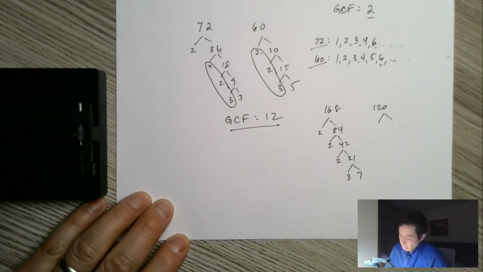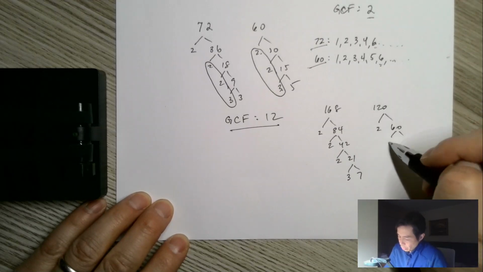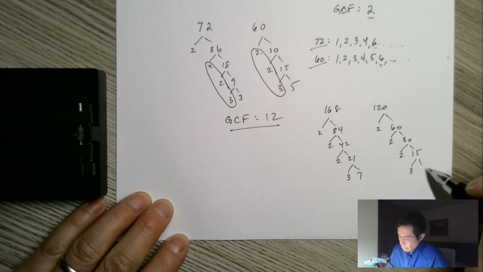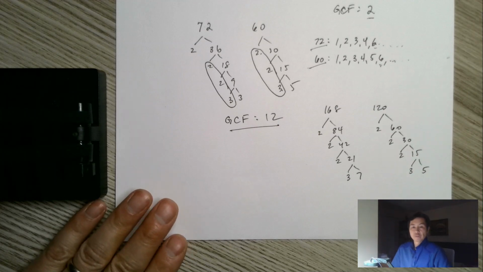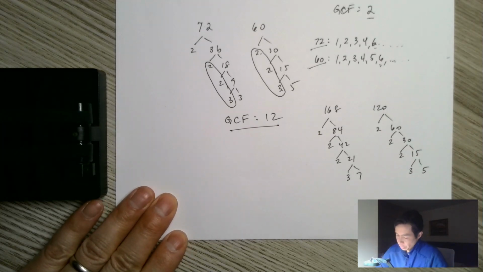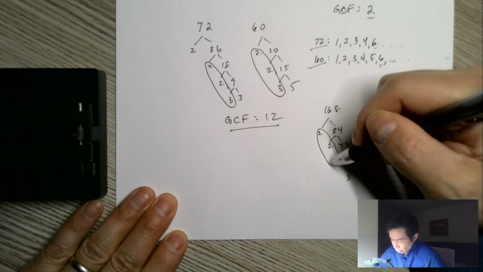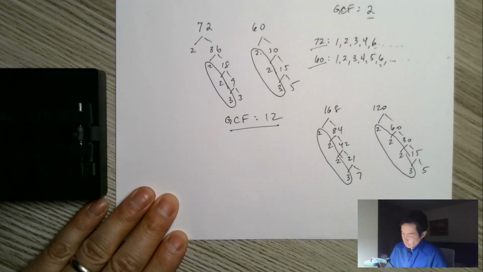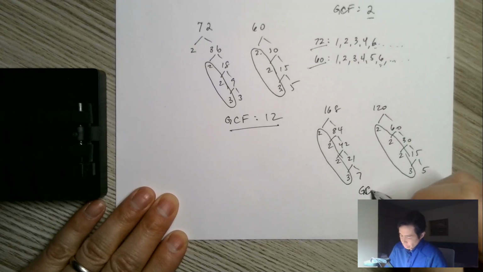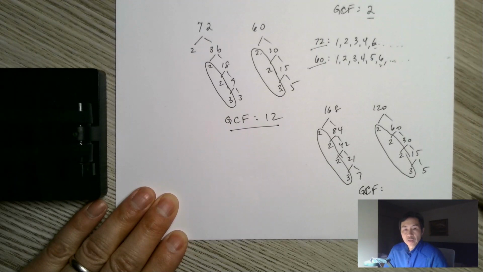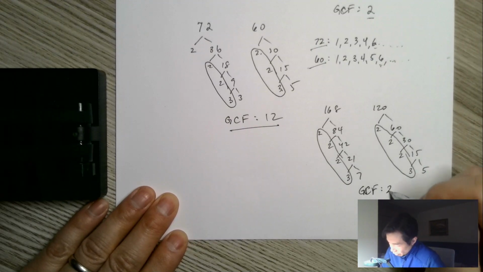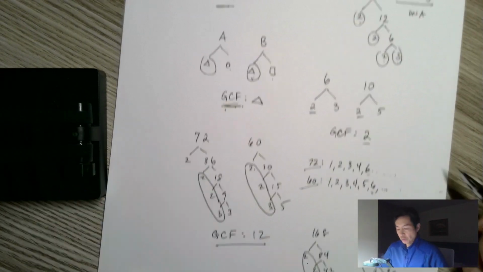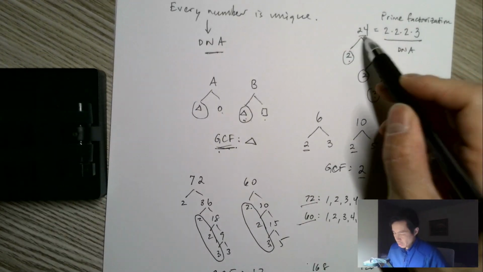Now 120, 2 and 60, 2 and 30, 2 and 15, 3 and 5. And I see that there are 3 2's and a 3 in each of these factorizations. And so the GCF of 168 and 120 is 24, which is the number that we started off the lesson with, 24.